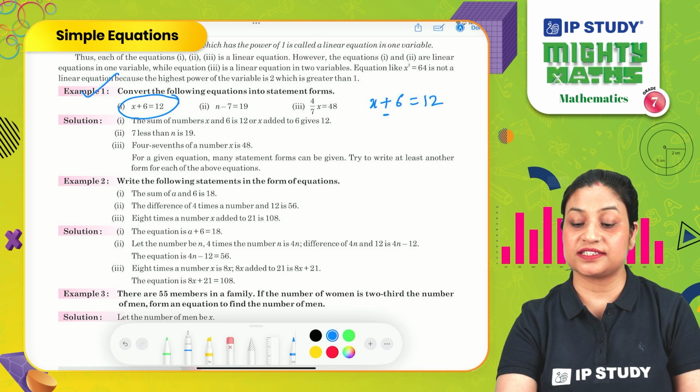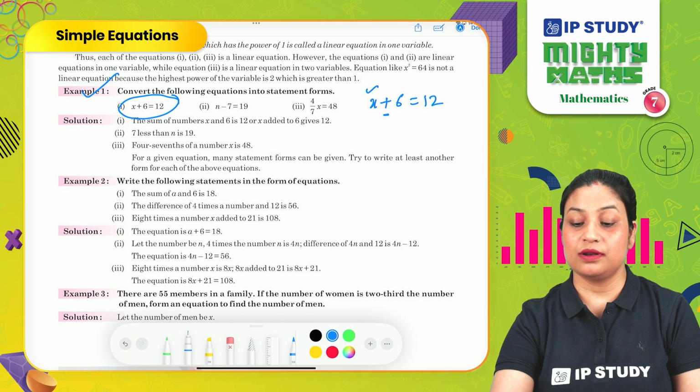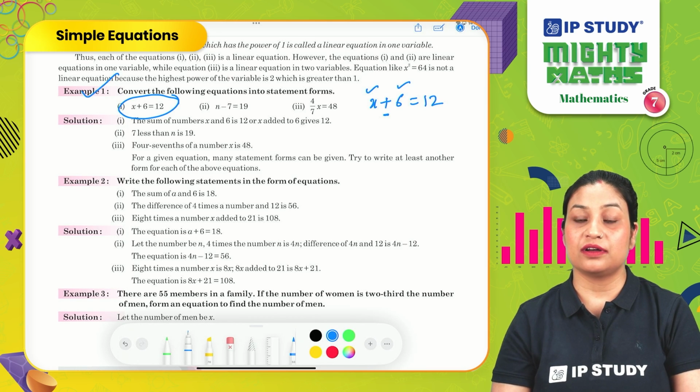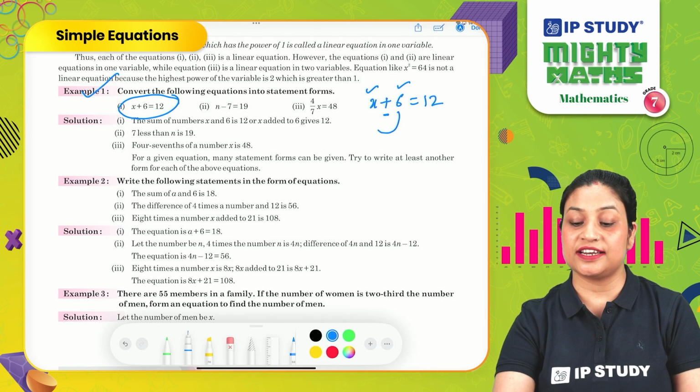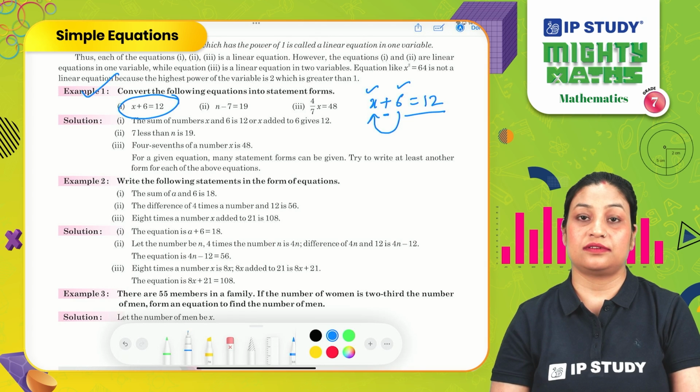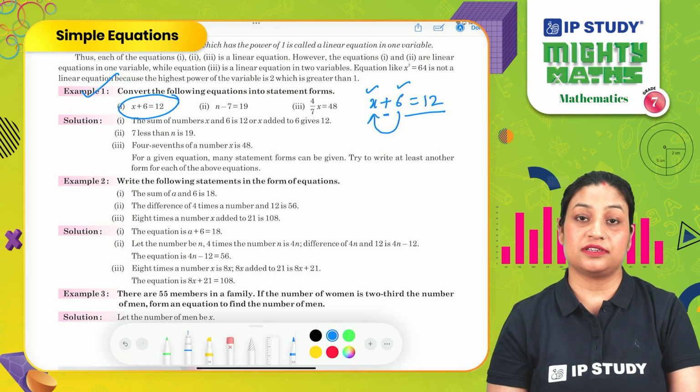We have a plus sign. It means that we are doing addition. We have one variable and one constant, or simply a number. So what can we write? We can say when 6 is added to x, we get 12. Okay? So this is how we can express this equation as a statement.